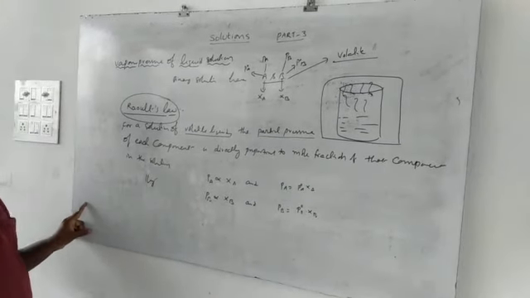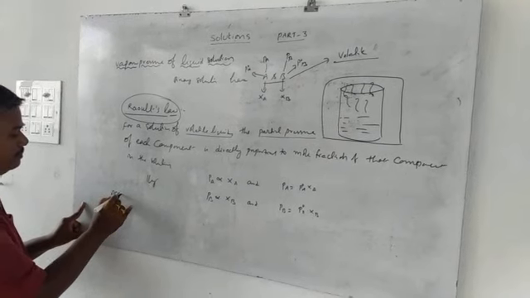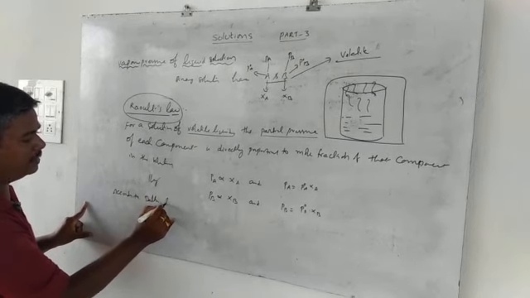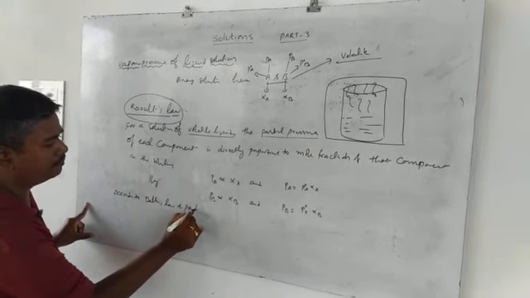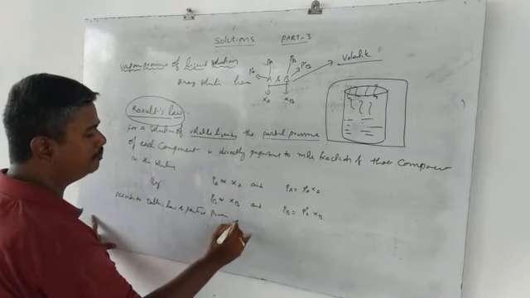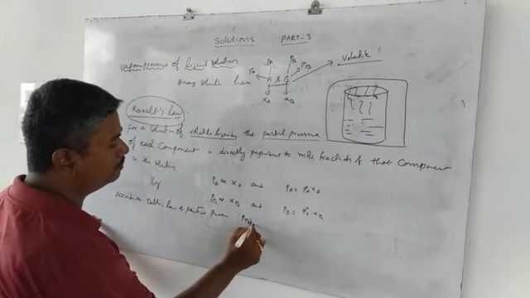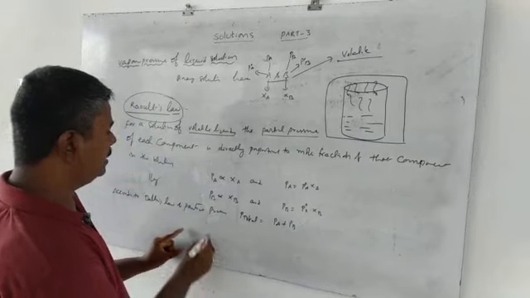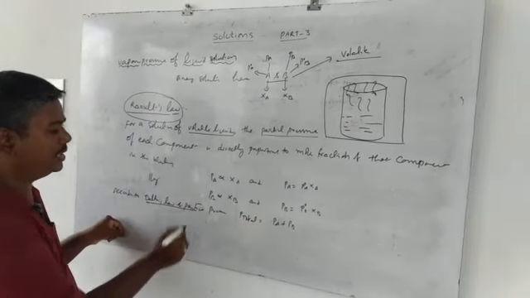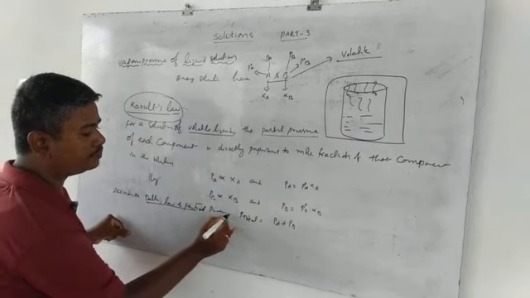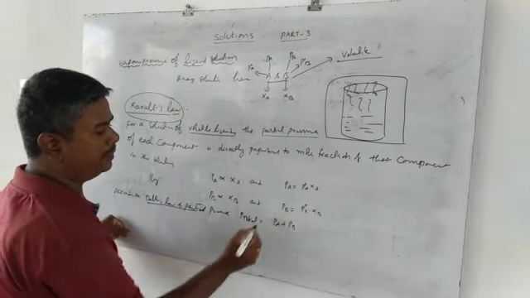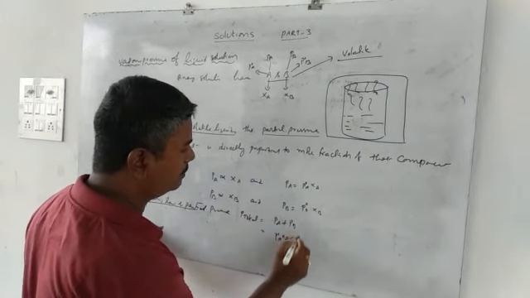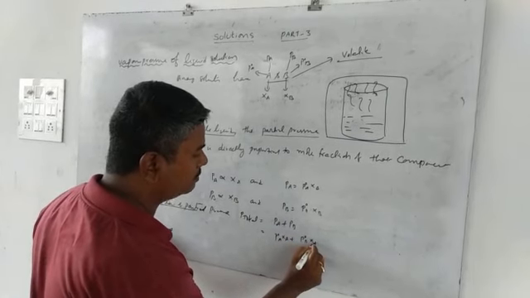So according to Dalton's law of partial pressure, P total equals PA plus PB. Nothing but P naught A XA plus P naught B XB.